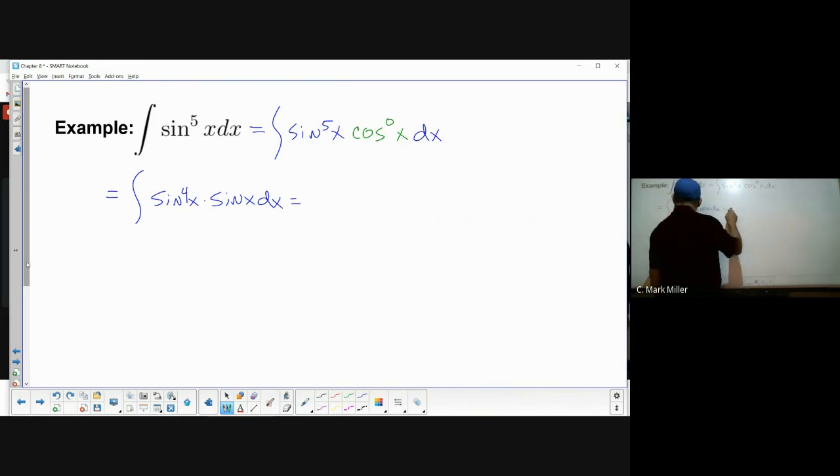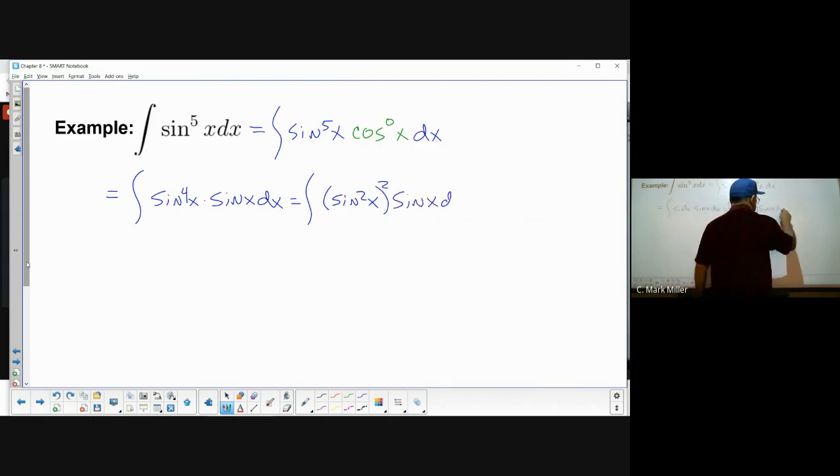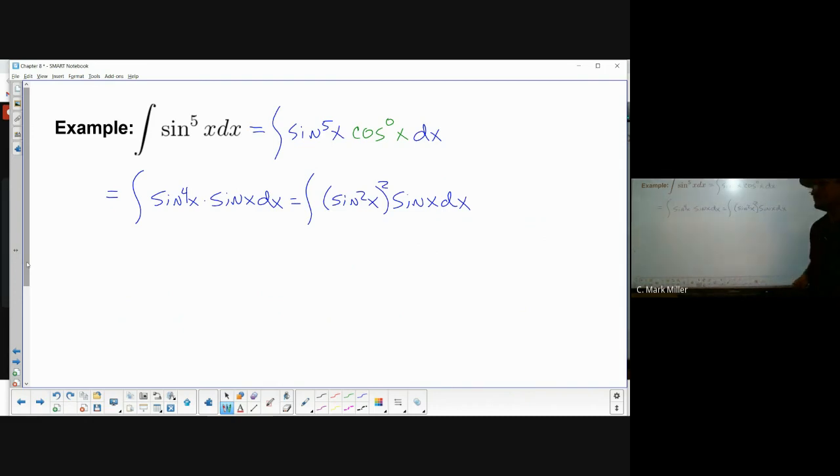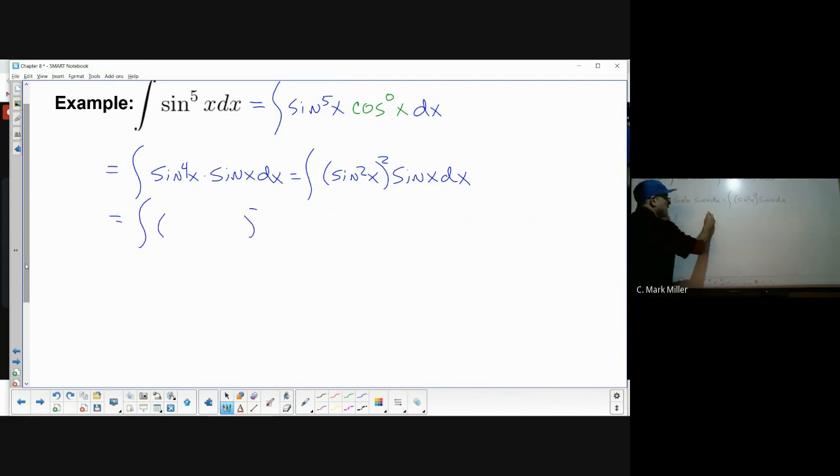This is the integral of sine squared x, squared, times sine x dx. This is the sine to the fourth. But we have a formula to convert sine squared into cosine squared. So this is going to be the integral of, that sine squared is going to be 1 minus cosine squared.